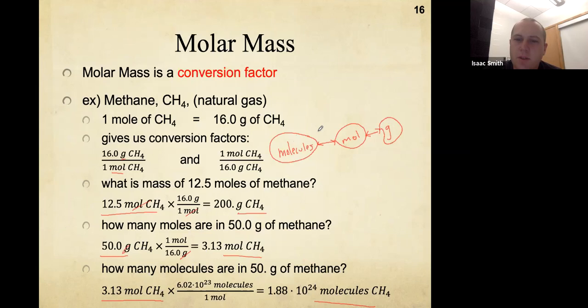So from molecules to moles, that's going to be Avogadro's number, okay? N sub A is kind of the symbol you'll see for it. And then from moles to grams, this is going to be your molar mass, okay? And this works in both directions. You can go from moles to grams or from grams to moles using the molar mass, and moles to molecules or molecules to moles using Avogadro's number.